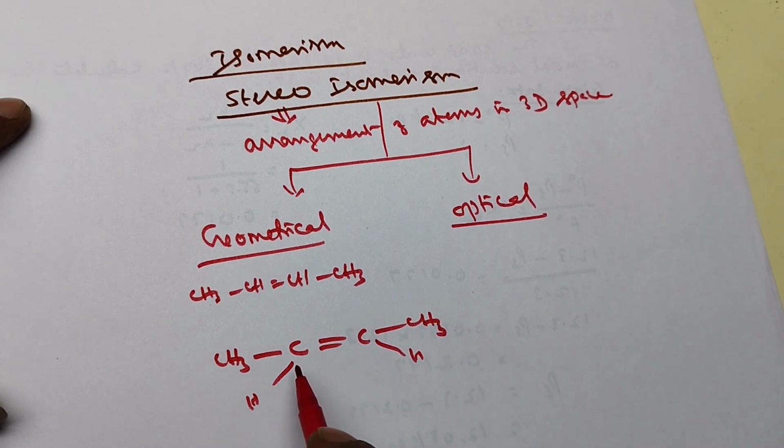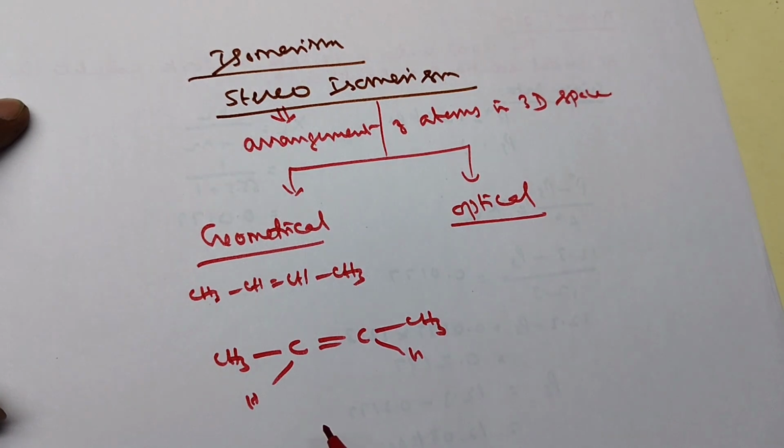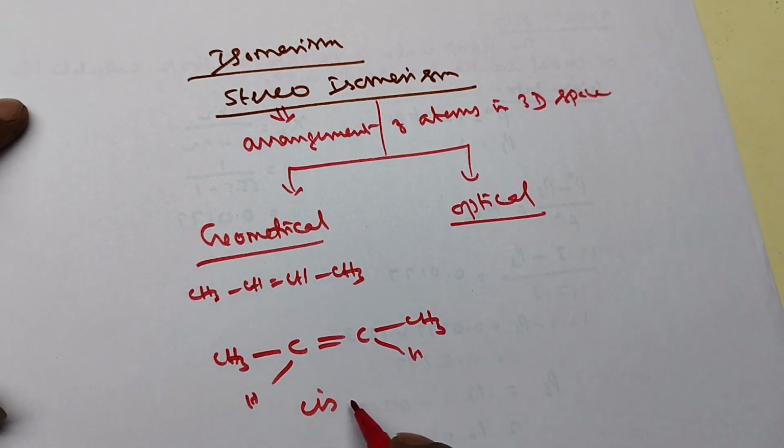Because of the double bond, when CH3 and H are on the same side, it is a cis isomer.